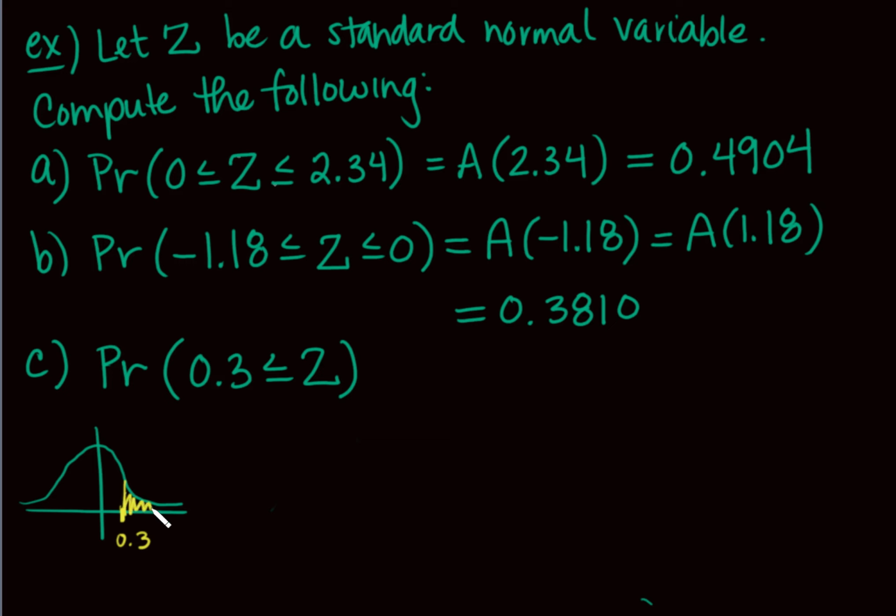And I basically want all of this area right here. Well, the problem with that is I can't really go from 0.3. Well, first of all, the function A is from 0 to something, right? So I'm going to have to figure out how I'm going to do this without knowing to go to infinity.